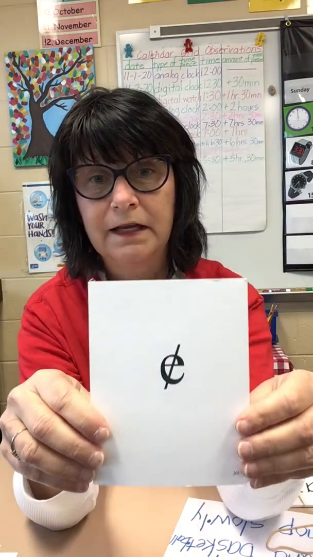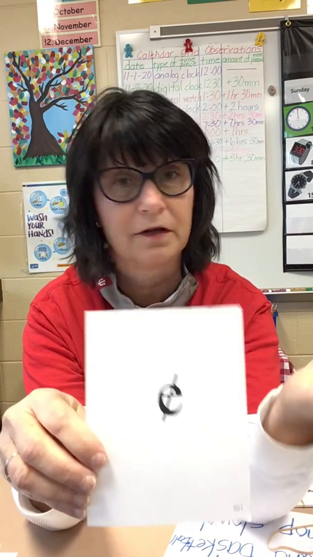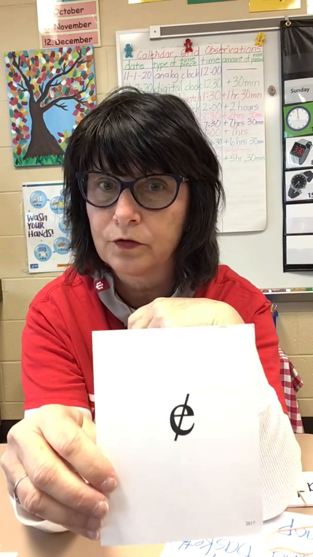And we're going to talk again about the silent E. A silent E doesn't make a sound, of course, because it's silent. You find it at the end of a word, and it changes the vowel sound.